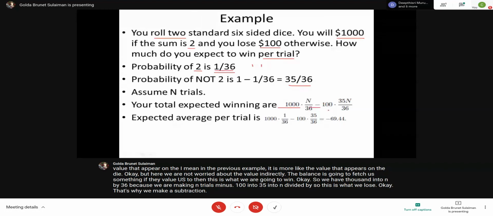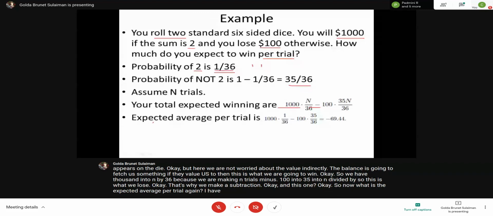Now what is the expected average per trial? Again I have to divide this by n, so the n's cancel and we get a negative number.